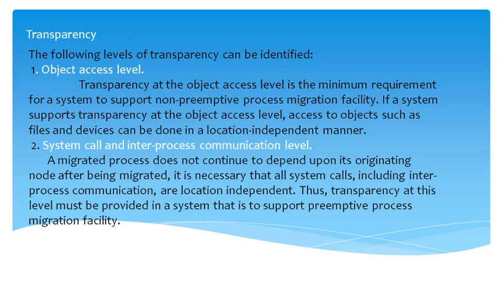Transparency in system call and inter-process communication level is when a process is migrated, that migrated process should not depend upon its originating node after being migrated. All the necessary system calls and inter-process communication should be location independent. This level of transparency must be provided in the system in order to support the preemptive process migration facility.